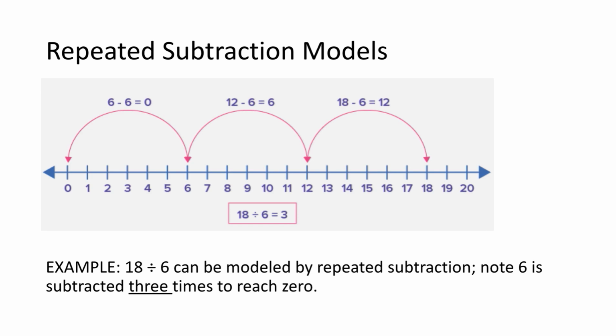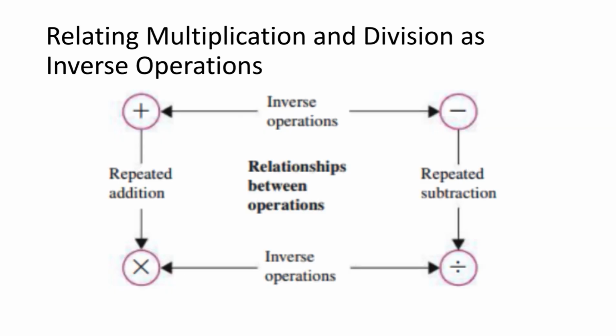We can give 6 apples to one person and you still have 12 left, and you take away 6 more to give to the next person, and you have 6 left now, and you can give that to the third person. So I can give 3 people each 6 apples, right? You can model that using the repeated subtraction model.